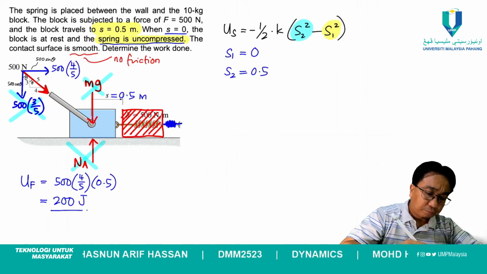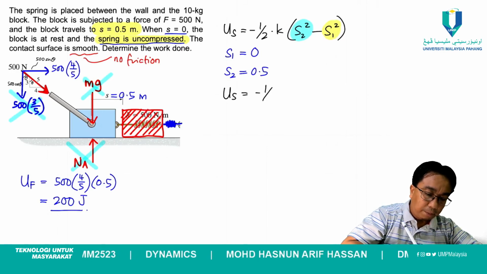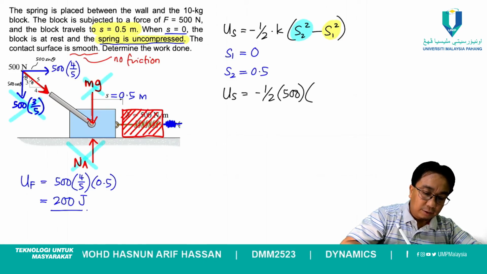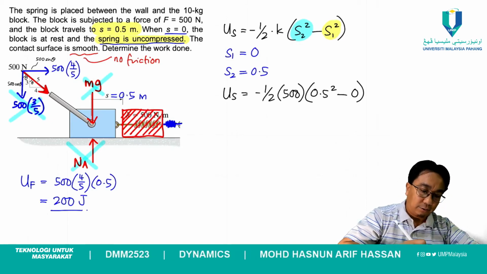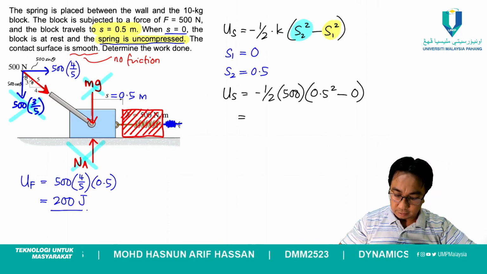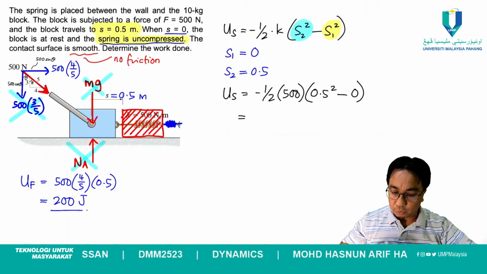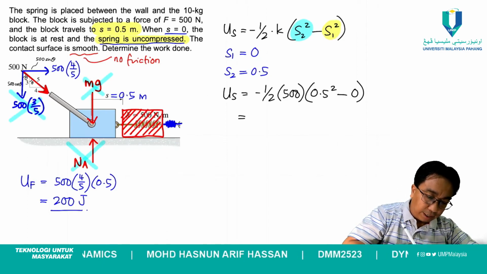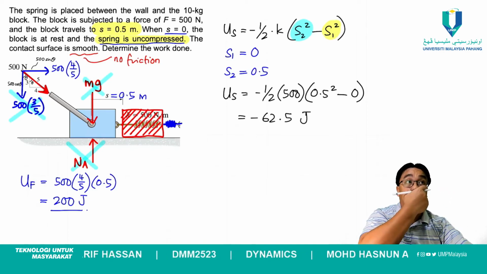So then you can substitute in the equation, 1 over 2 times K, which is given as 500, times 0.5 square minus 0. So from here we get minus half times 500 times 0.5 square, which is minus 62.5 joule. Okay, that is the work done by the spring.